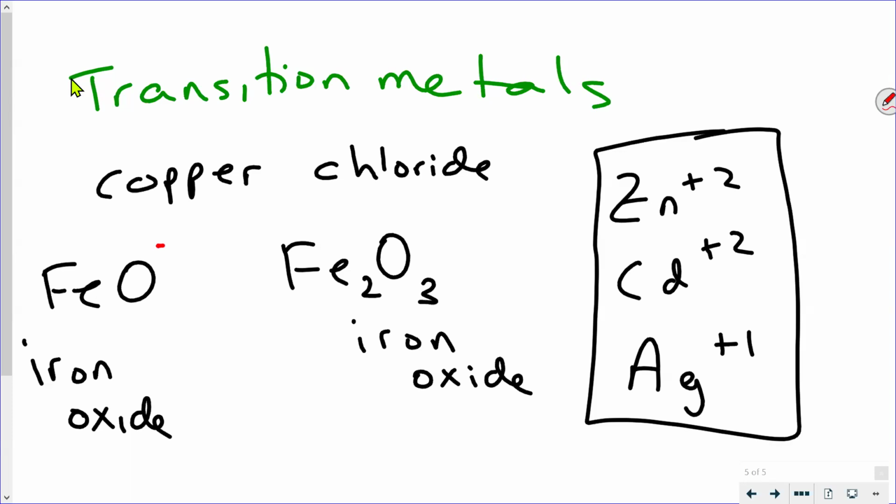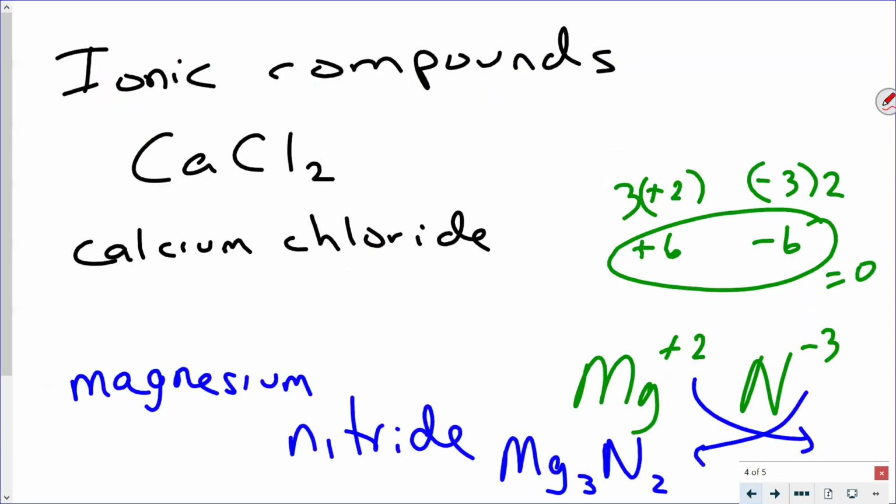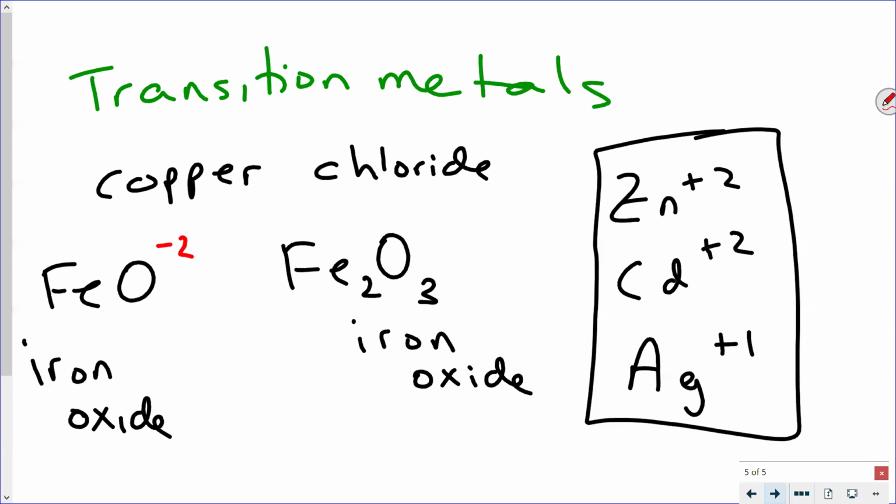Because oxygen is often negative what? -2. And we saw here that a compound must have a zero charge. So for this to be zero, iron has to be what? +2.